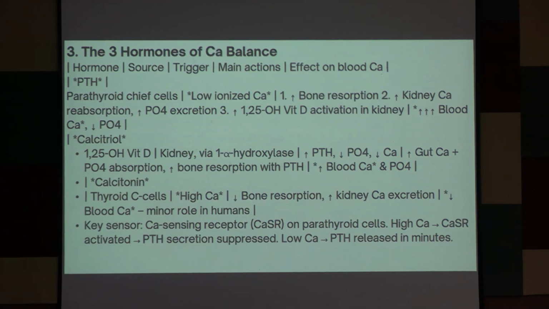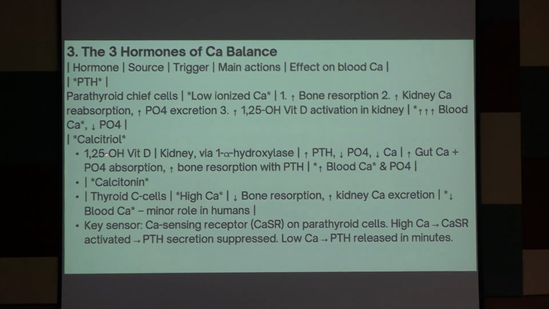Effect on the blood calcium: there is increased vitamin D activation in the kidney. There will be an increase in the blood calcium level and a reduction in the phosphate level. The effect of parathyroid is to increase the calcium in the blood and reduce the phosphate.